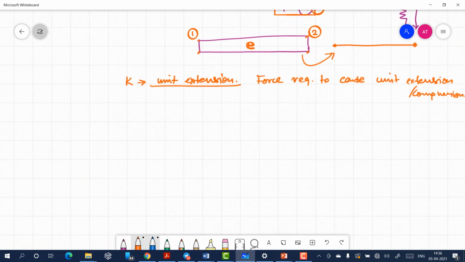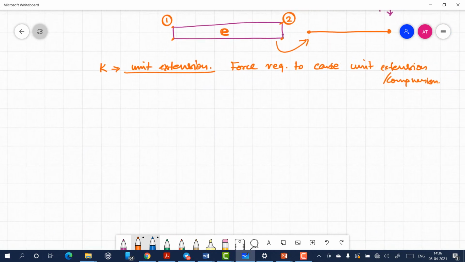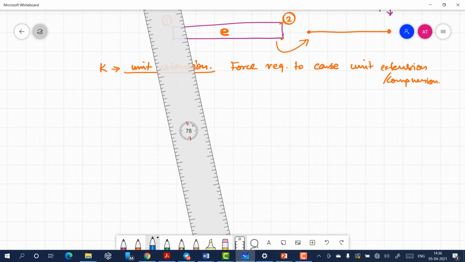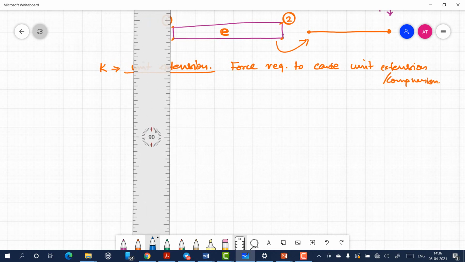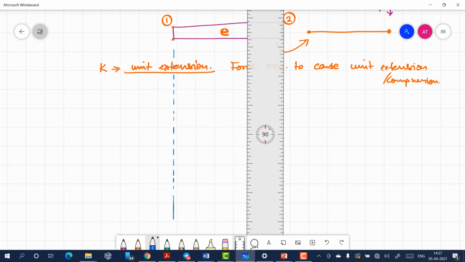Now let us look at this perspective of stiffness definition. So let me have the edges confirmed. So let us have something like this, and then here also.